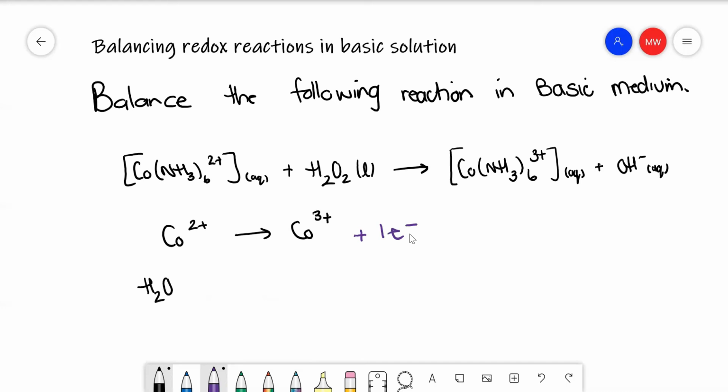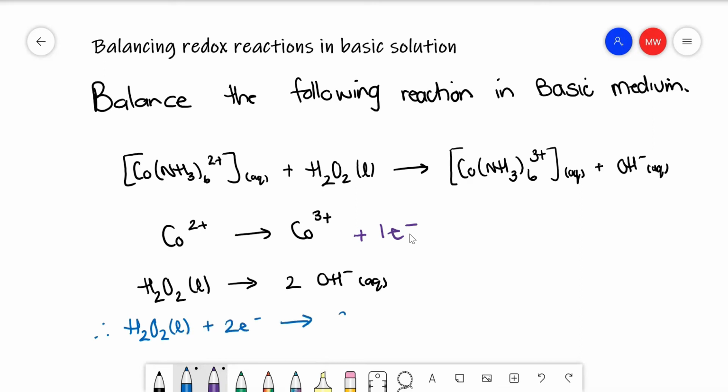And my hydrogen peroxide is going to hydroxide, and in this case, they are 2 because I need to balance my oxygens and hydrogens on both sides. So my hydrogen peroxide plus 2 electrons will give me 2 hydroxides, because hydrogen peroxide is uncharged.